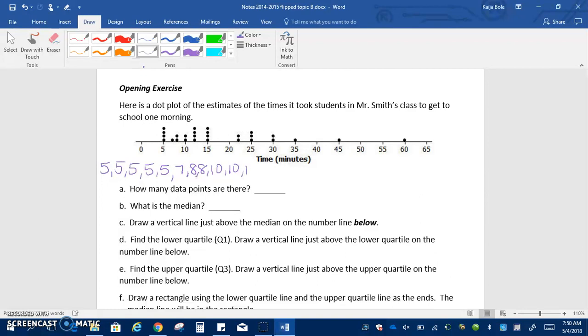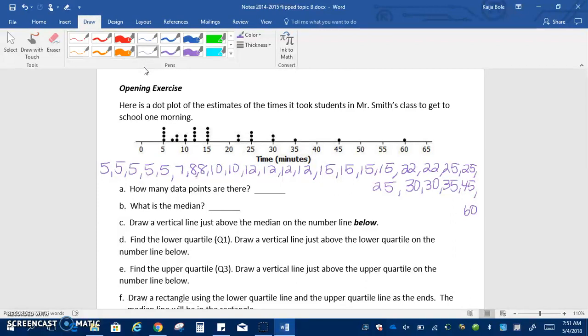2 10s, we've got 4 12s, 1, 2, 3, 4, 4 15s, 1, 2, 3, 4, 2 22s, 3 25s, 1, 2, 3, I'm going to move down here, ran out of room, 2 30s, a 35, a 45, and a 60.